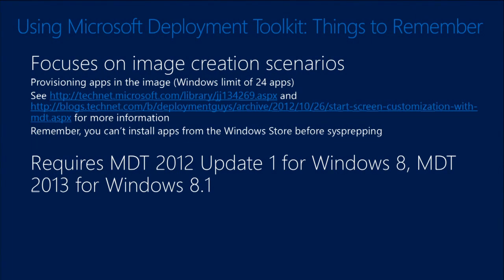And the main thing to keep in mind is don't try to get tricky. What we've seen a lot of people try to do is there are apps in the Windows Store that they want in their image. So they will pause the task sequence as they're building their image. They'll launch the Windows Store. They'll log in with their Microsoft account. They'll select the applications that they want and they'll install them. Then they'll resume the task sequence.